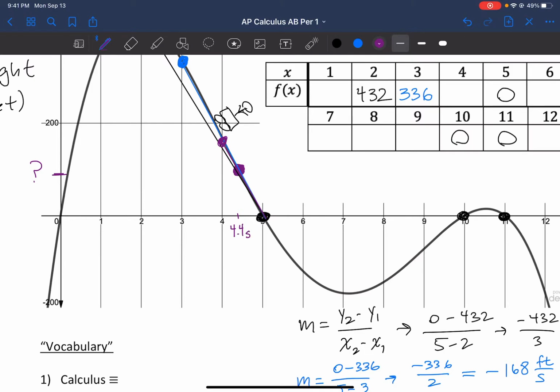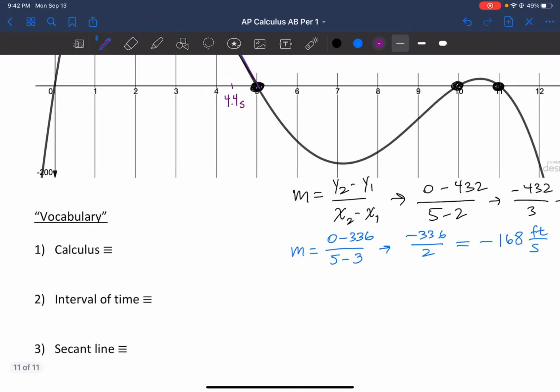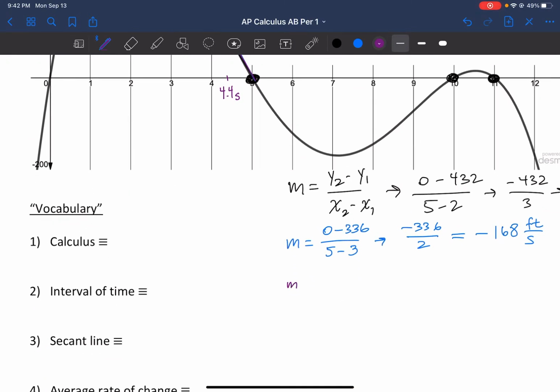If the elevation of the roller coaster at 4 seconds is 168 feet above the ground, then again, we can use the slope formula: 0 minus 168 over 5 minus 4.